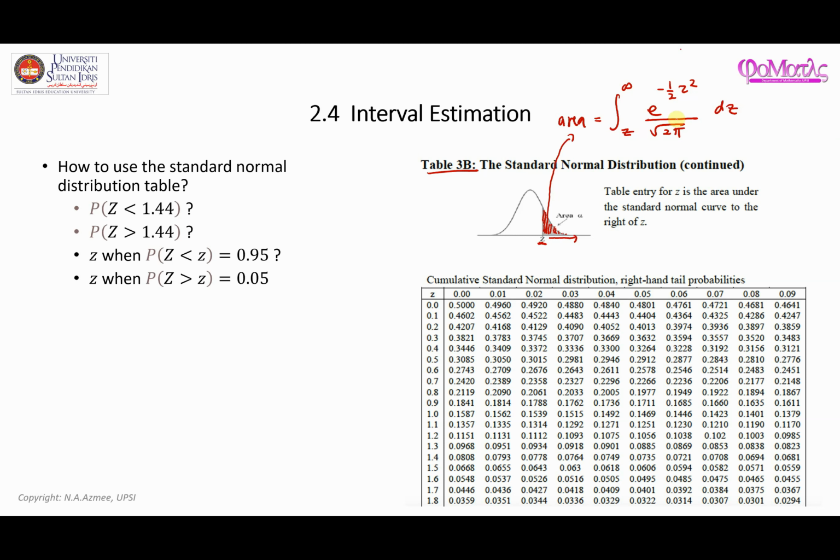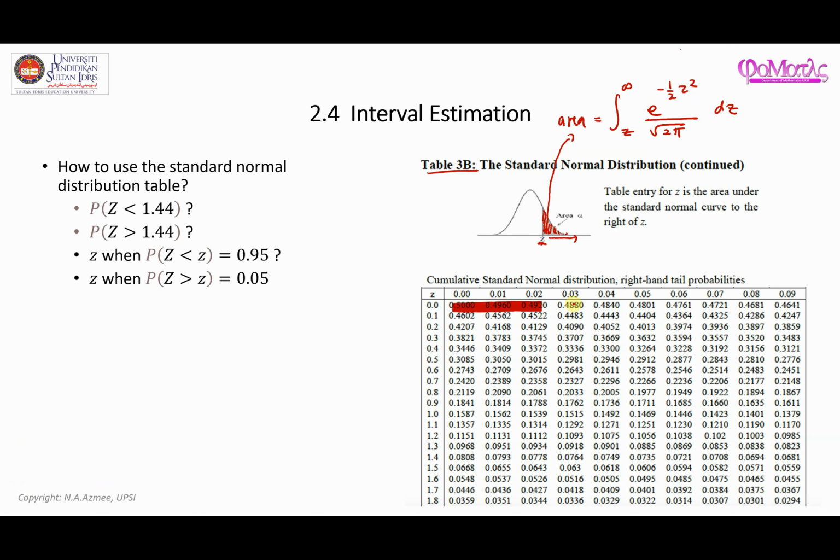By integrating from z to infinity in the right direction, you'll be able to get the area under the curve. And in statistics, the area under the curve is called probability. So this area under the curve is given inside this table here.